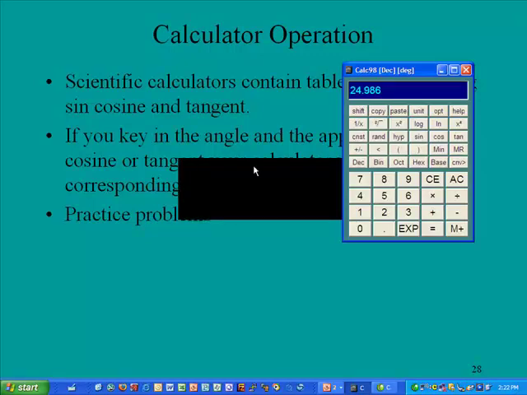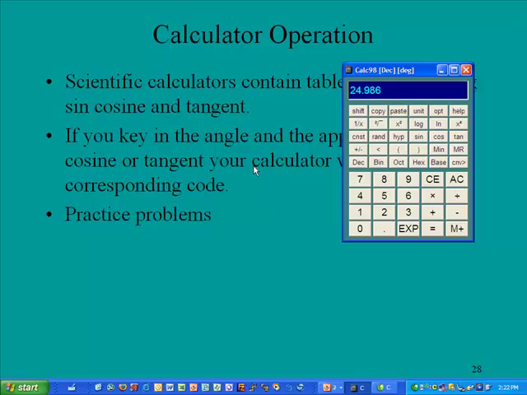The first one they mention is the cosine of 28 degrees. So we would enter in 28, and we would say the cosine, and we get this value, 0.882.